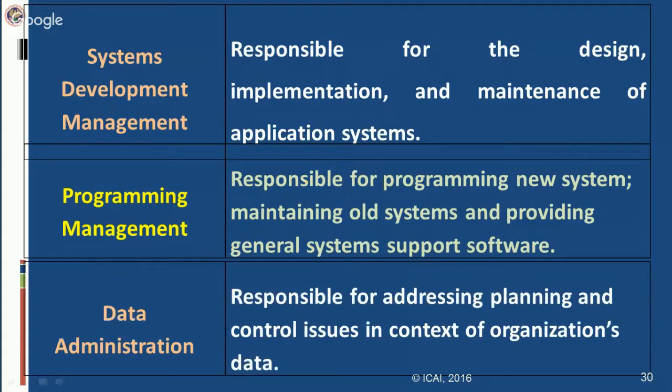And lastly, the data administration. This is responsible for addressing planning and control issues in the context of the organization's data. Data is a critical resource and it should be managed properly, and therefore centralized planning and control are implemented. So careful controls should be exercised at this level.